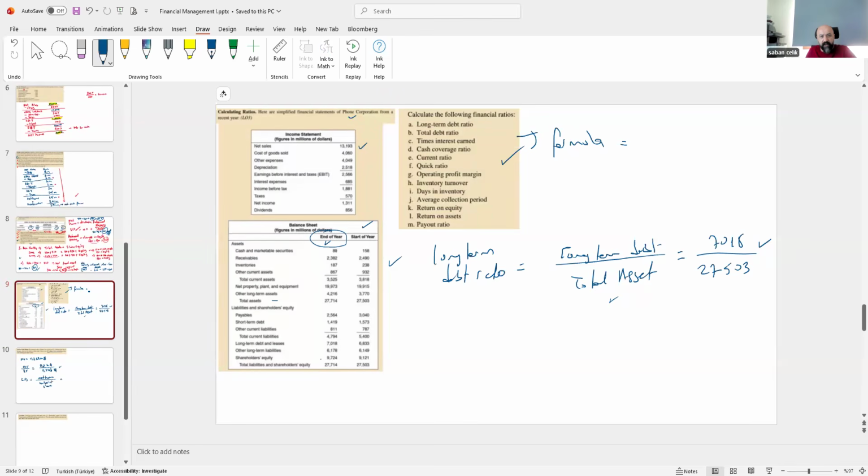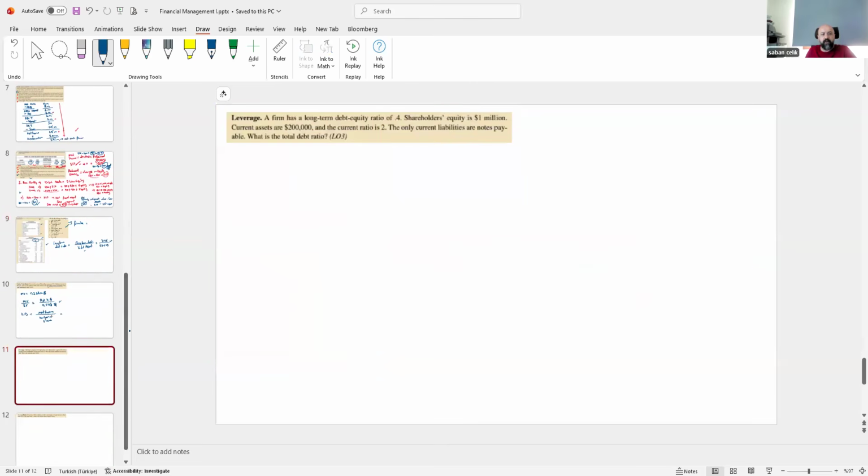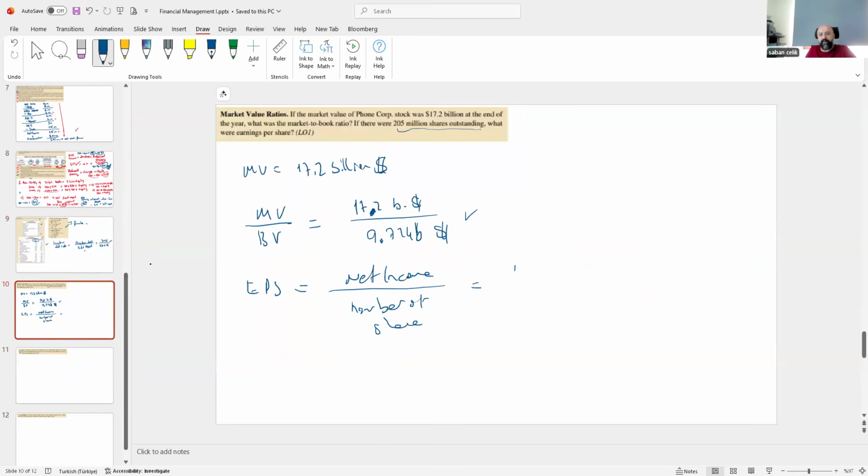So net income, here we go, $1.311 billion, divided by 0.205 billion shares. If you do this calculation, you will find the solution.